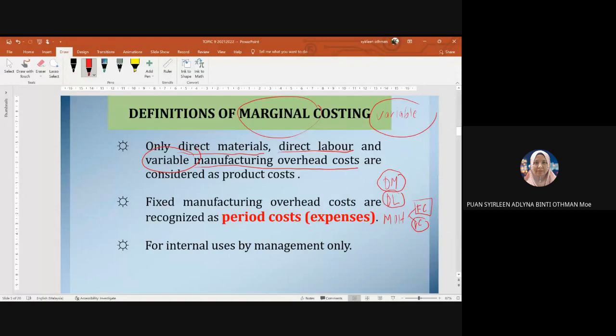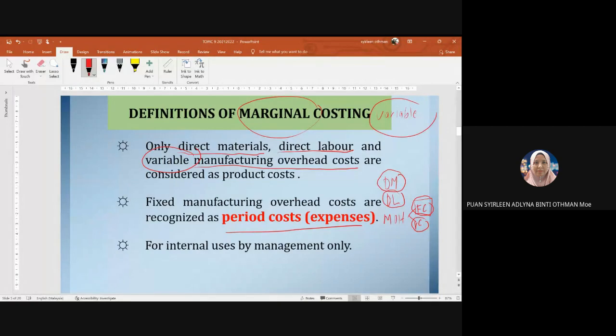It's just that bila kita buat marginal costing, nak kira cost seunit produk, kita tolak siap-siap dulu fixed cost dalam manufacturing overhead. So dekat mana dia akan pergi nanti? Okay, dia akan pergi ke period cost ataupun dia akan pergi ke expenses. So that means nanti bila selepas you dapat cost of goods sold and then you minus dengan sales, you dapat gross profit.